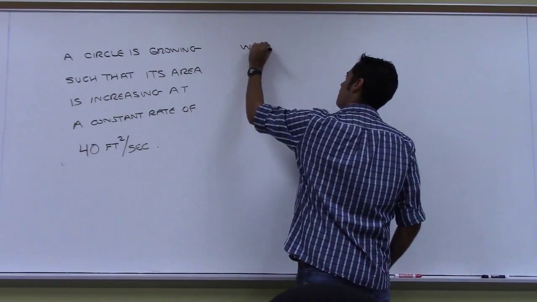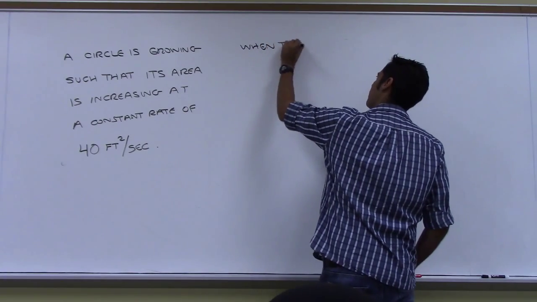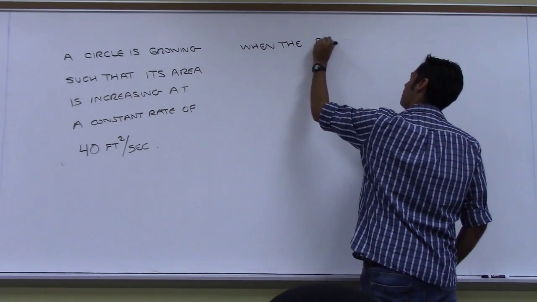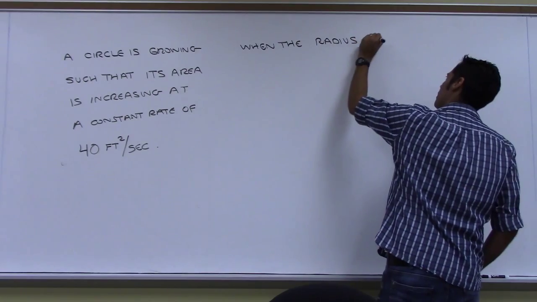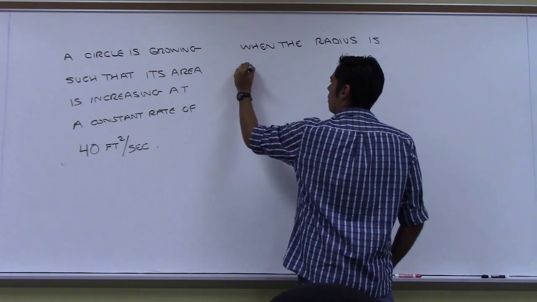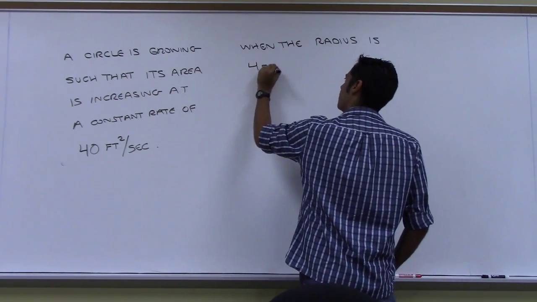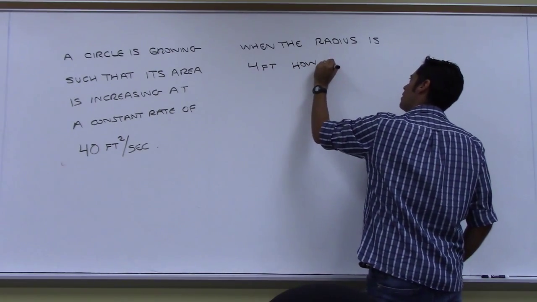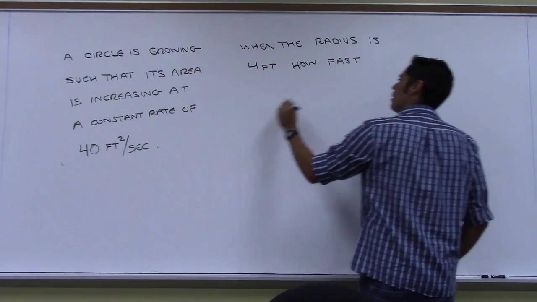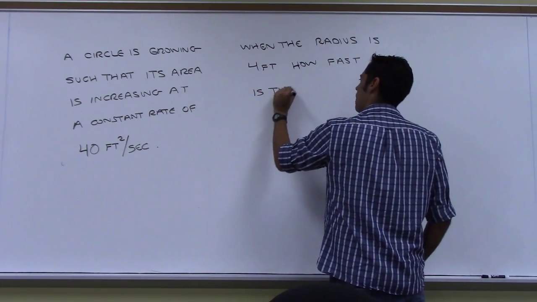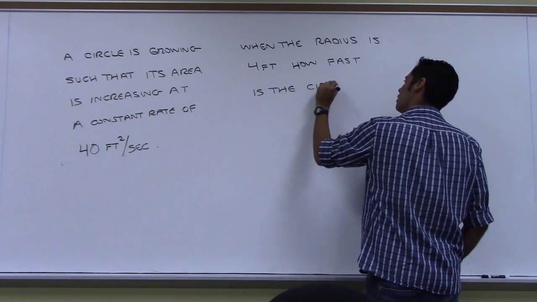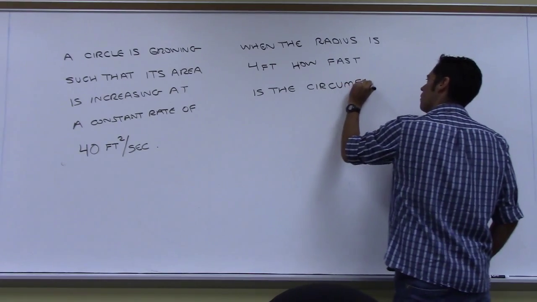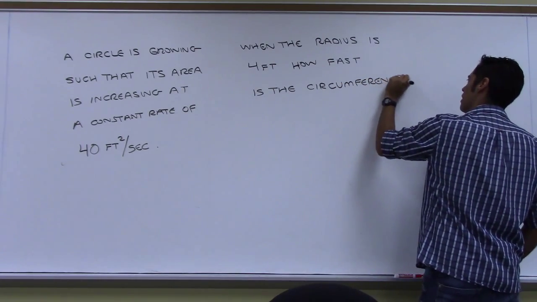When the radius is 4 feet, how fast is the circumference changing?